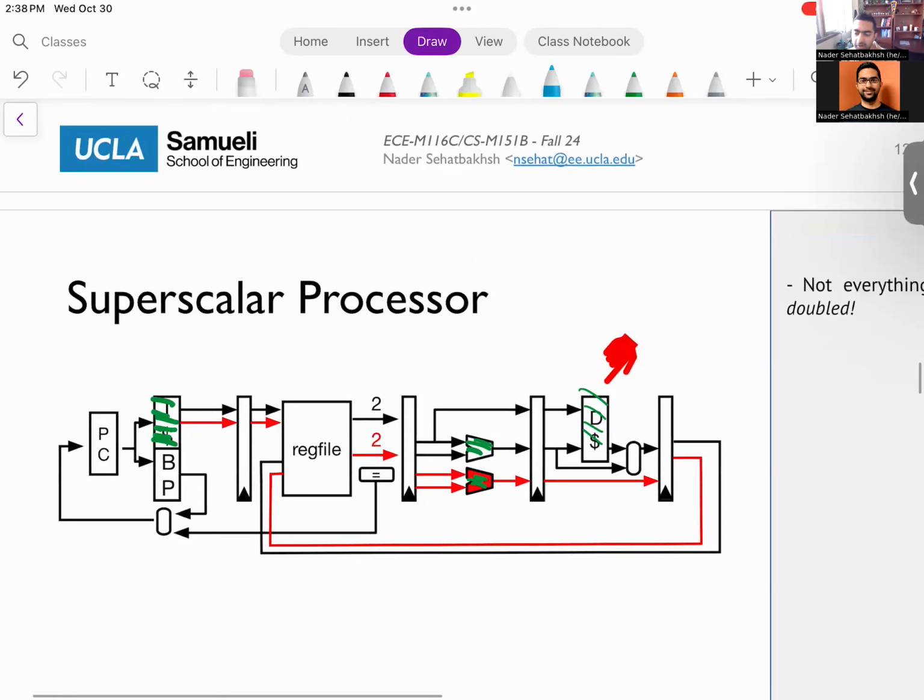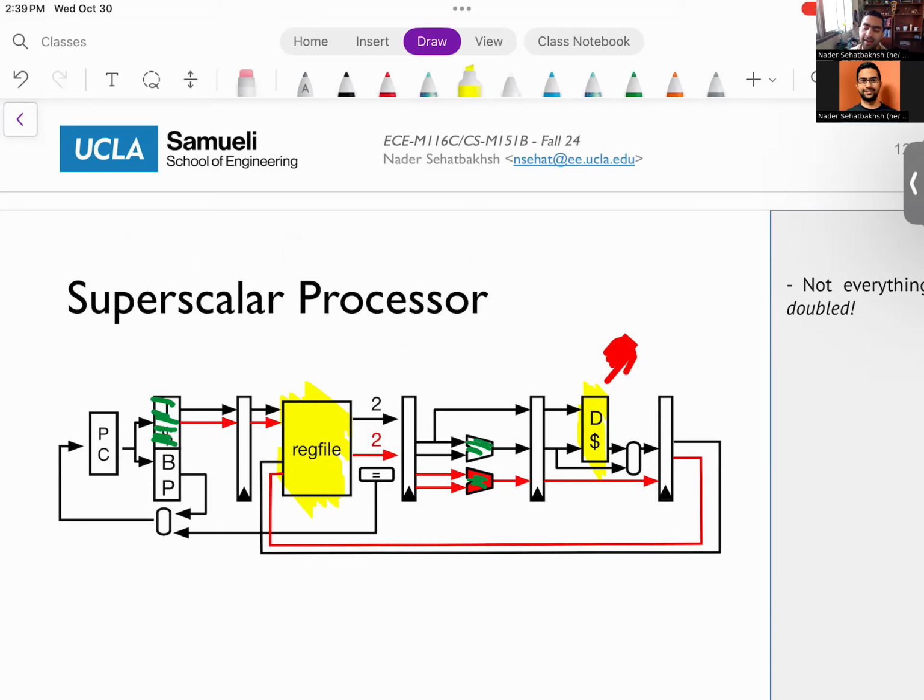But one thing to remember is that if I want to do that, you would say that this is as simple as just copying everything twice and being done with it. That's pretty much accurate, but there are also some considerations that you need to make. For example, you cannot duplicate many things. You cannot duplicate your register file, and you cannot duplicate your memory, because there are two problems. One is that these are very expensive. You cannot just have two memories in the system.